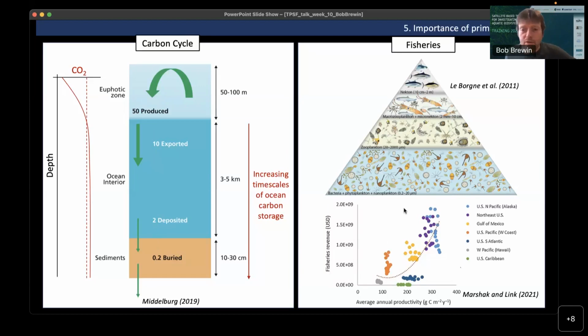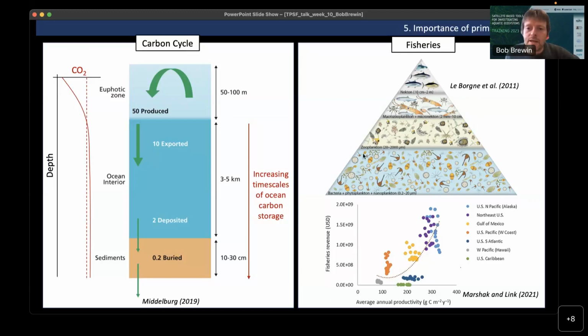Now, another important reason is fisheries. Primary producers are at the very base of the marine food web, right? So all higher trophic levels are dependent on their productivity. And there's this classical 10% law. They say that 90% of the energy gets dissipated as you go from your primary to your secondary to your tertiary trophic levels.